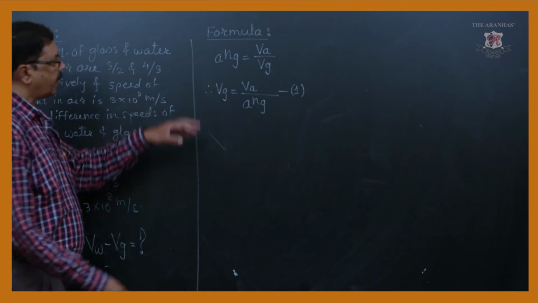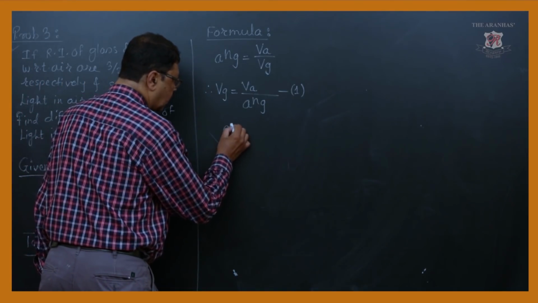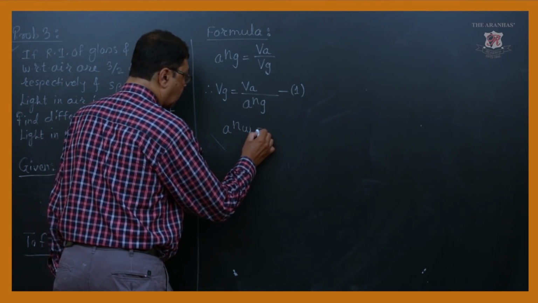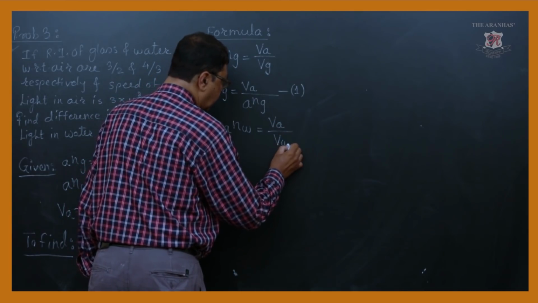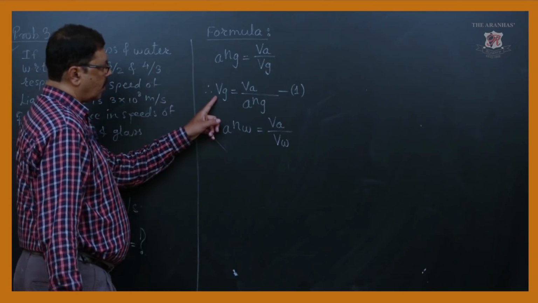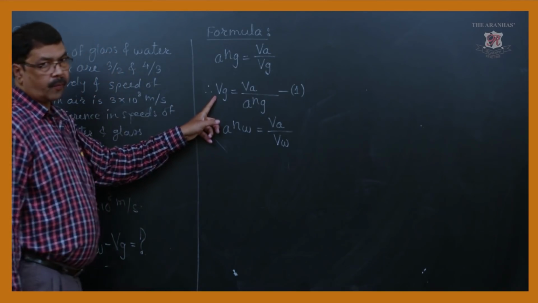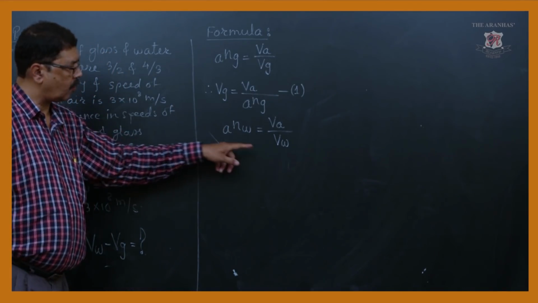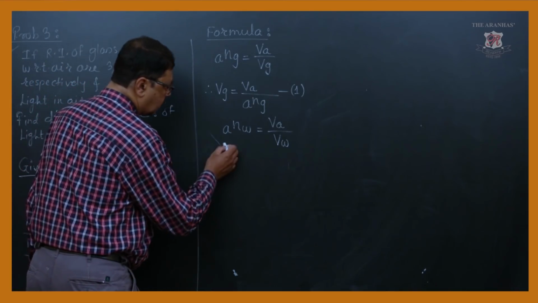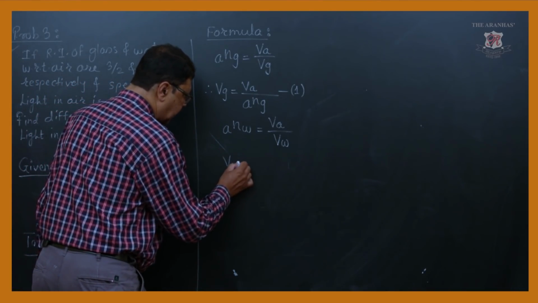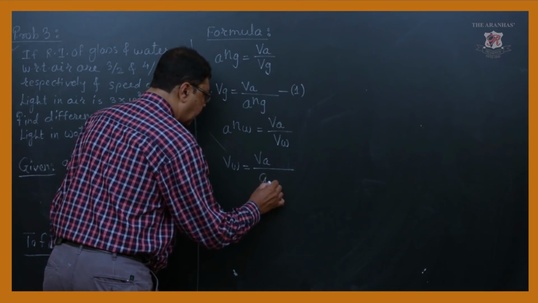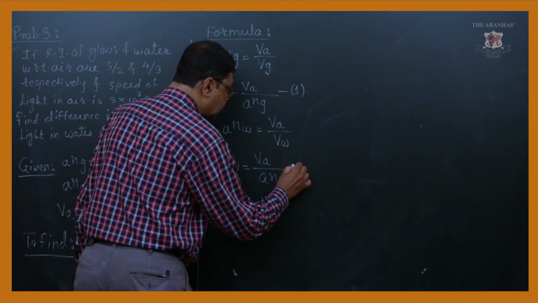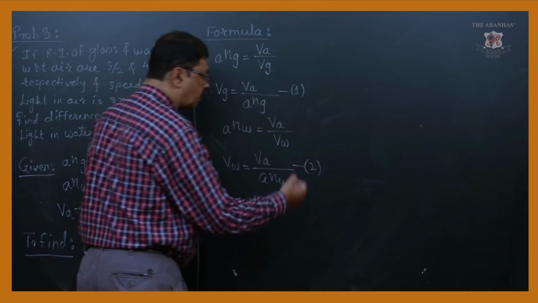Do the same treatment to ANW, that is refractive index of water with respect to air, VA upon VW. The way I found out VG, I want to find out VW. Shift this VW on the left hand side, VW equal to VA upon ANW. This is my equation number 2.